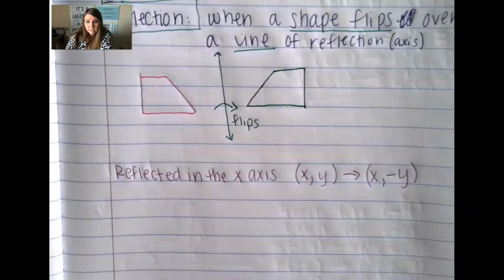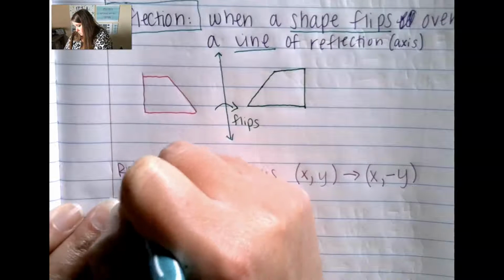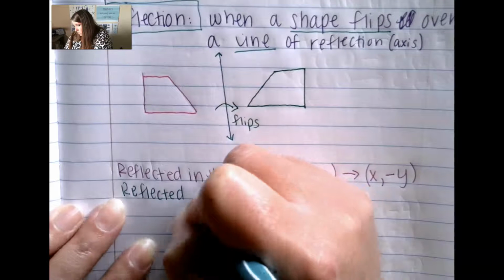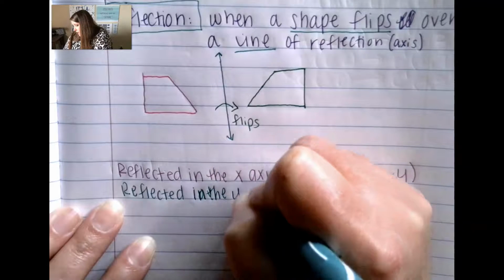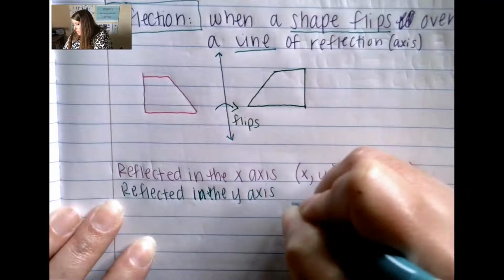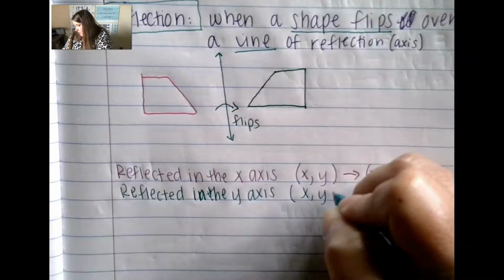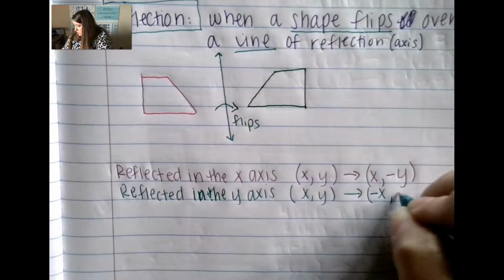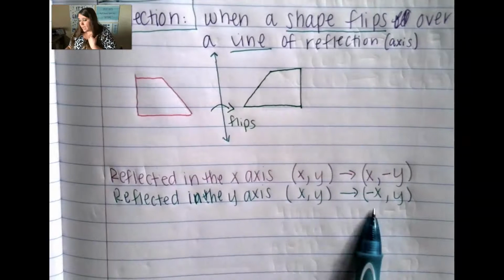If it is reflected over the y-axis, let's use the same words. In the y-axis, that tells us that if we start with x comma y, the new value is going to be negative x comma y. So the value that changes is going to be the x value.